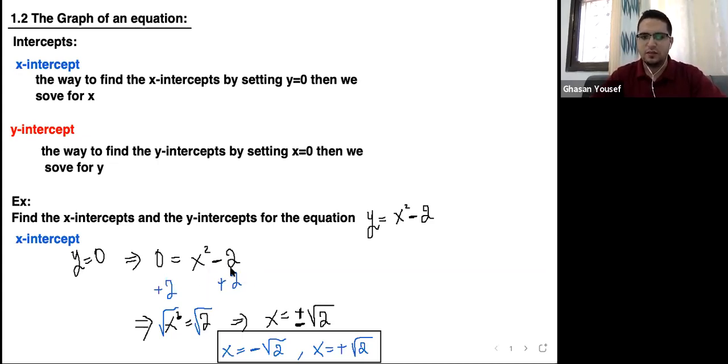Then we add 2 to both sides, so minus 2 plus 2 cancel out, and I get x squared equals 2. Then we take the square root of both sides, and I get x equals positive or negative square root of 2. So x equals the positive square root of 2 or x equals minus square root of 2. This means the x-intercepts, where the curve crosses the x-axis. Okay?